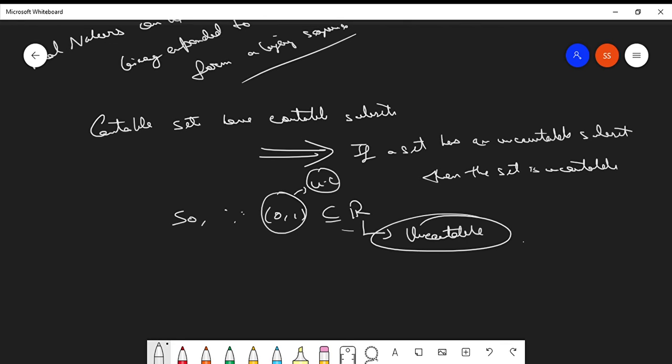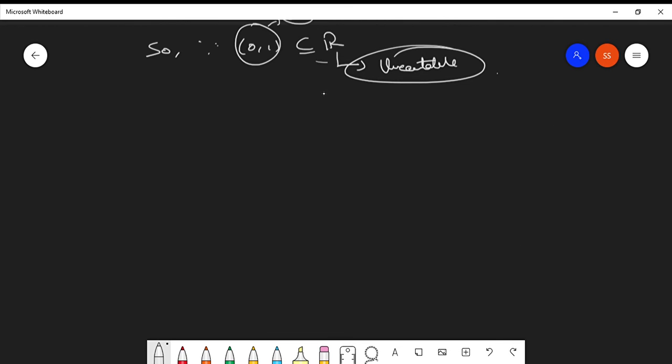Okay, so now we will be talking about cardinal numbers, to understand uncountable sets. What is the definition of cardinal numbers?